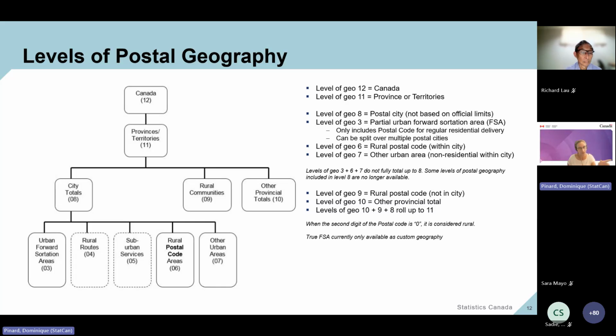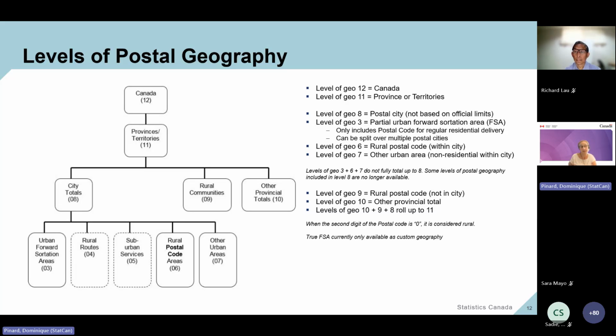FSAs, forward sortation areas, are something that a lot of users are asking for, but they have to be aware that if they use the urban forward sortation area available from the TIF, it wouldn't cover the full list of forward sortation areas.